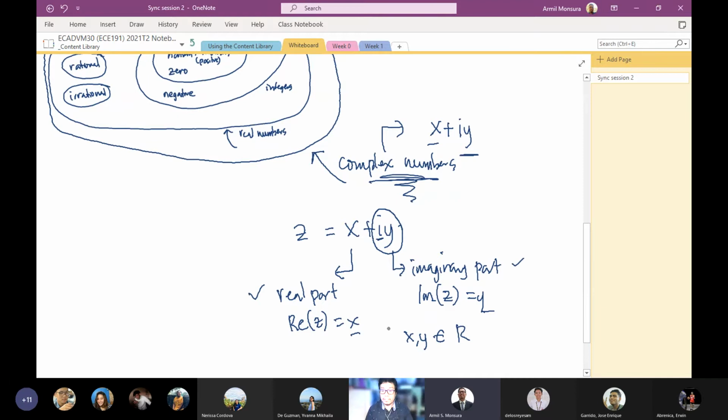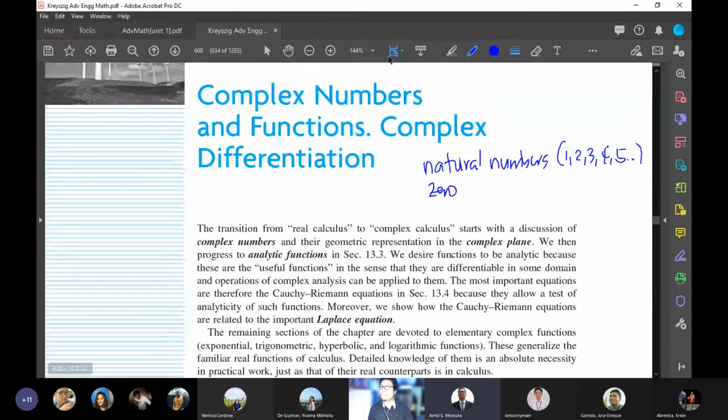What is different about it from the real number is that one of those components is multiplied to the imaginary unit. And again, your imaginary unit is square root of -1. Okay? Is that clear? Okay. Good.